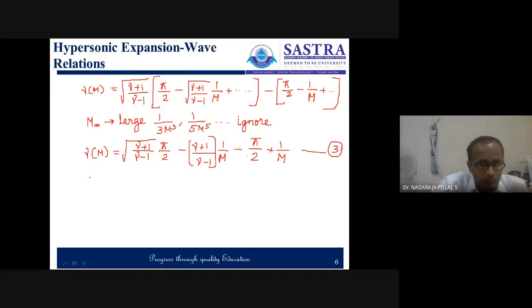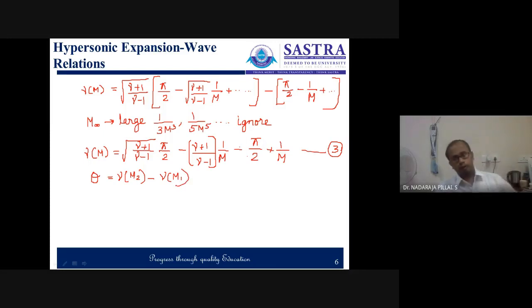Now we already know that theta is equal to mu m2 minus mu m1, right? So we can write this equation.